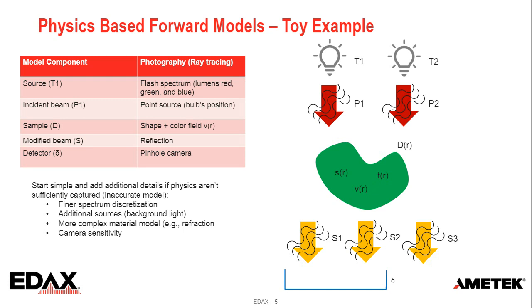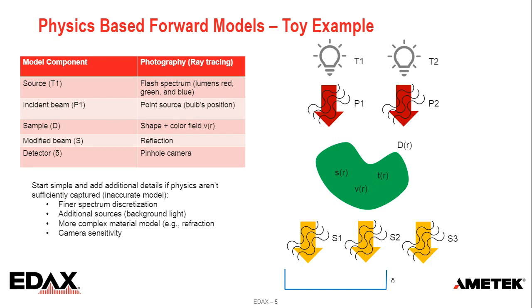Then you know that the beam comes off of that as a point source, so you can describe that geometry of the propagation. You describe your sample potentially in a very simple way, like you know that it's a cube with this color field over it. You model the reflection, and then you could use a very simple description of the detector.